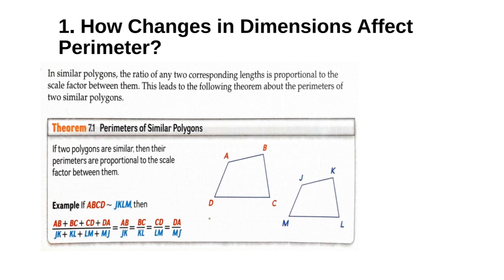For example, if ABCD is similar to JKLM, then the perimeter of ABCD divided by the perimeter of JKLM is equal to AB divided by JK, and equal to BC divided by KL, and equal to CD divided by LM, and equal to DA divided by MJ.